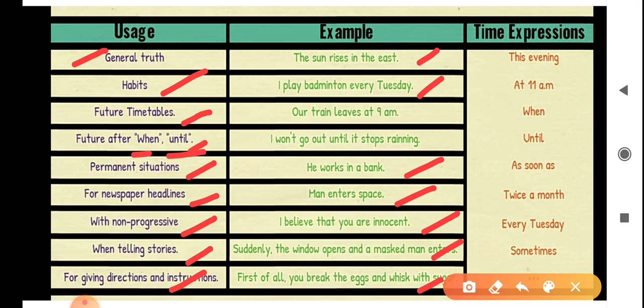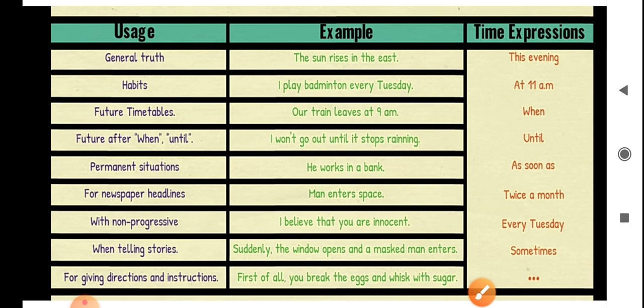Now, here are some time expressions. These words are always used in simple tense: this evening, at 11 a.m., when, until, as soon as, twice a month, every Tuesday, sometimes.